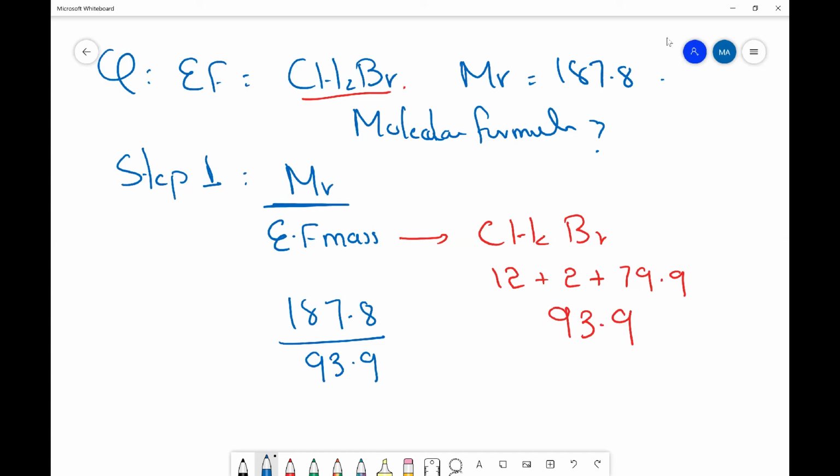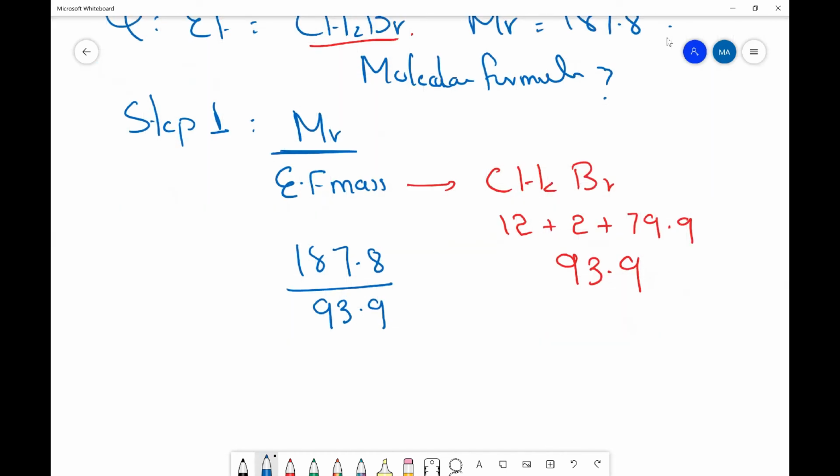Once you do the division, you get 2. So this 2 is known as the value of n.